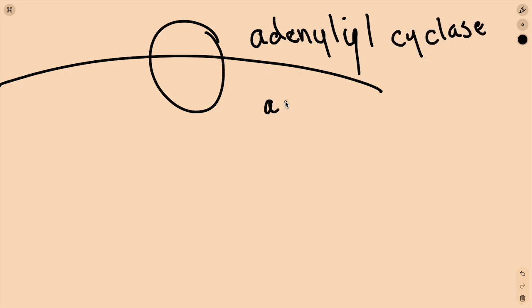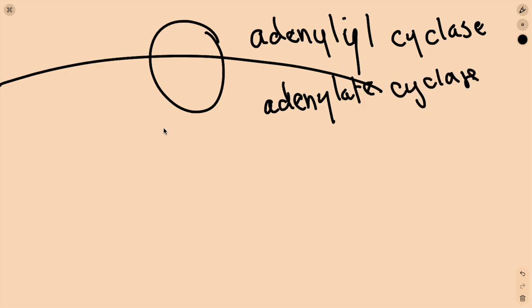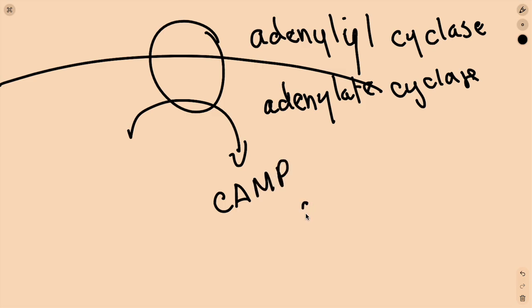Or it's also called, and I'm used to calling it this, but our book doesn't, adenylate cyclase. And you might have learned it that way too. And what it does is it takes, I don't even remember right now what the substrate is, but it makes something called cyclic AMP, C-A-M-P.